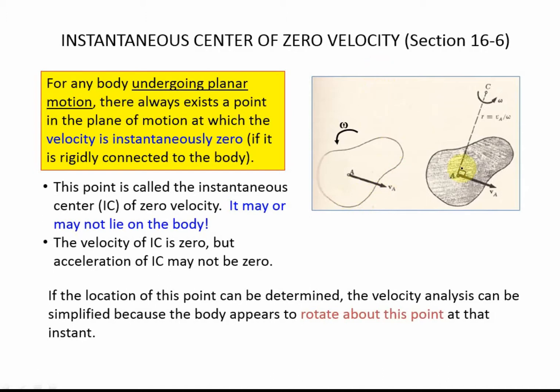What does it mean? If you look at this one, right now this is exactly the same motion, it has the same velocity like that. But if you imagine you find a certain point here, and then let's say you attach a bar like that, so this is fixed here, then this motion is the same.